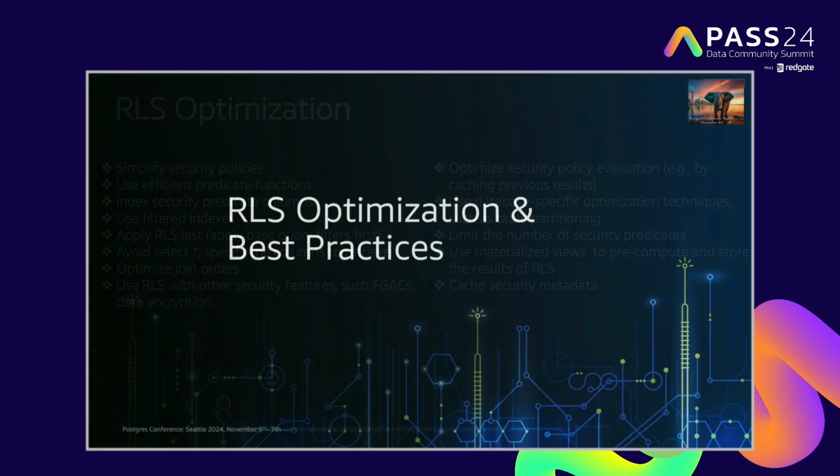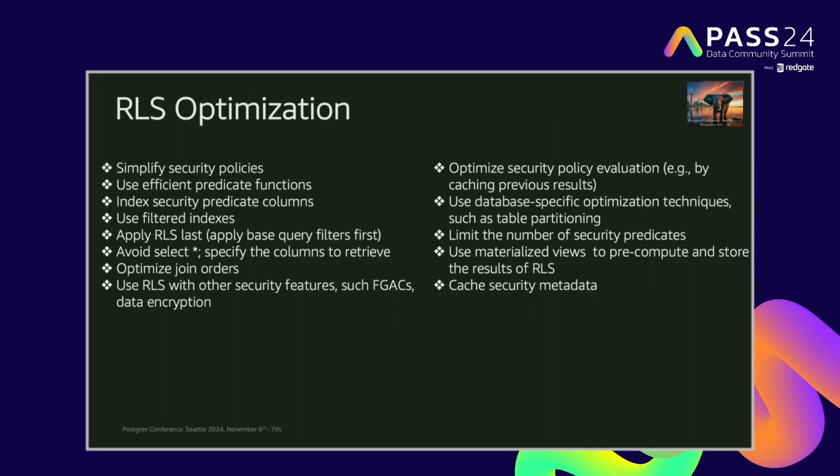So optimization and best practices. In best practices, you can see: simplify the security policies, create an index on security predicates, right? Because it's evaluated at each select or each command, when you have that set up, it may help you with the creation of the index.